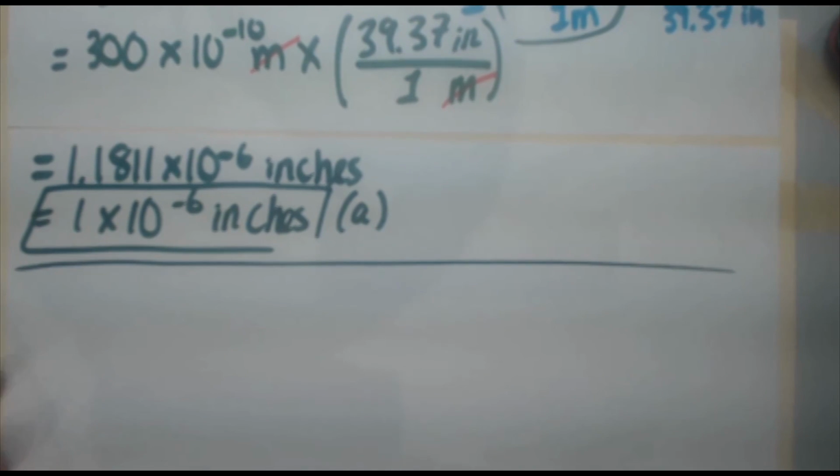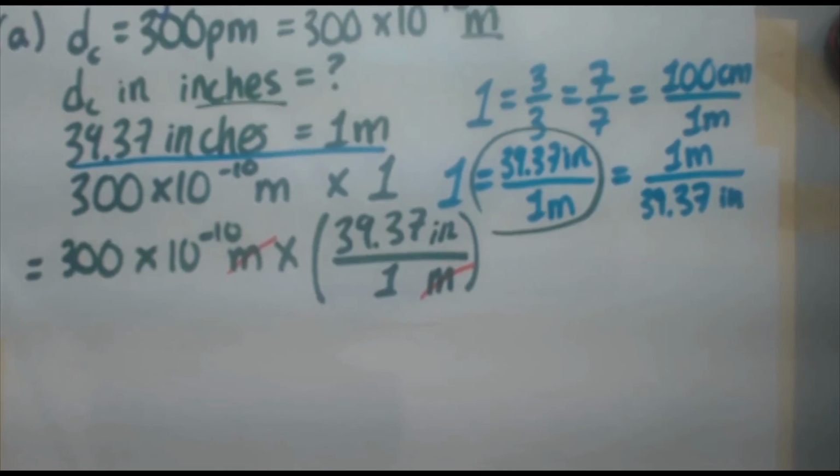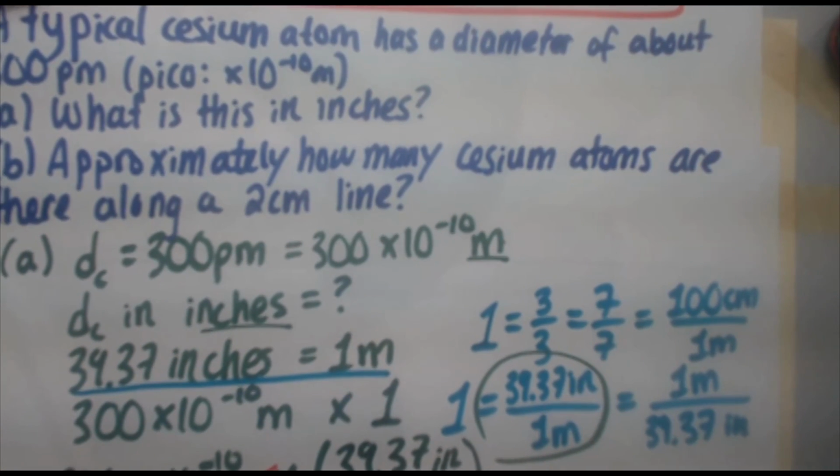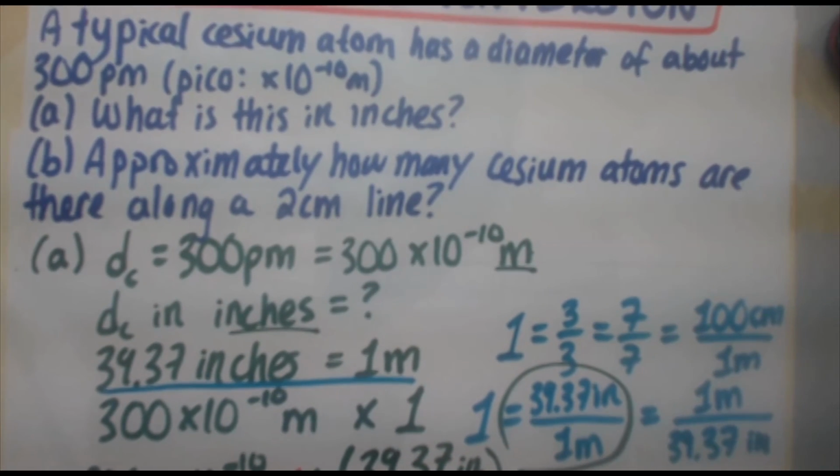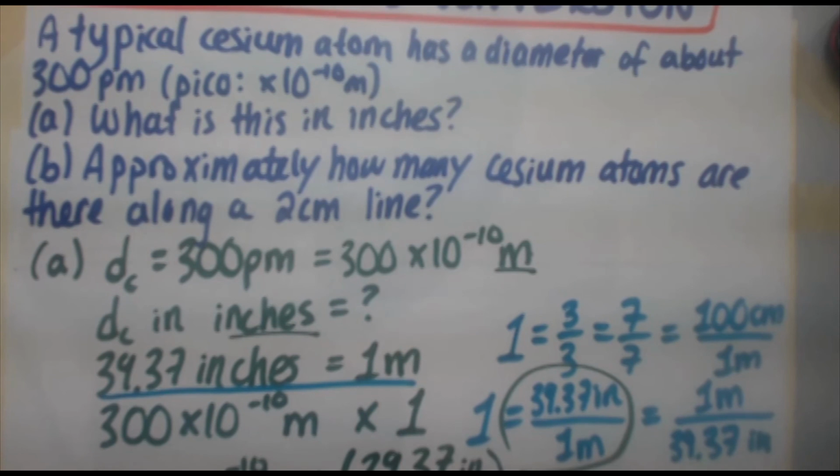Okay, part B, let's remember what part B was. Approximately how many cesium atoms are there along a 2 centimeter line? You're probably used to doing enough physics and math problems that usually when the question is divided into parts A, B, C, usually A helps you get B, which helps you get C. Generally speaking that is the case, except in this question.